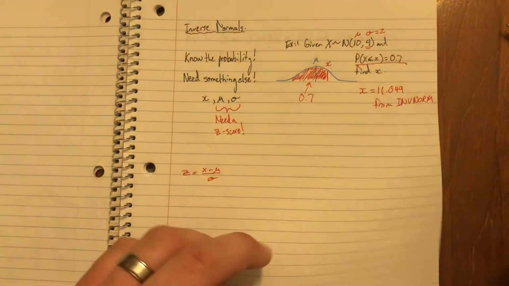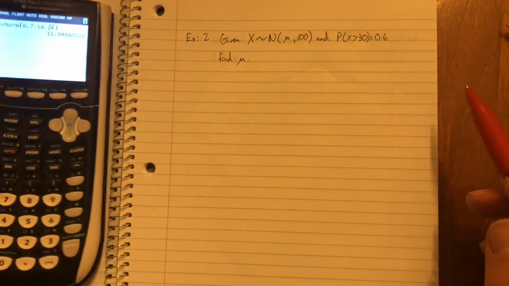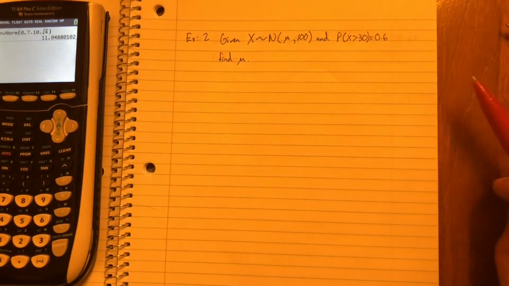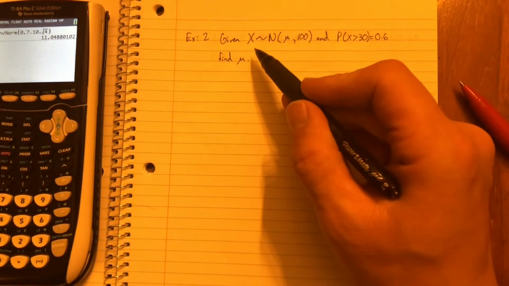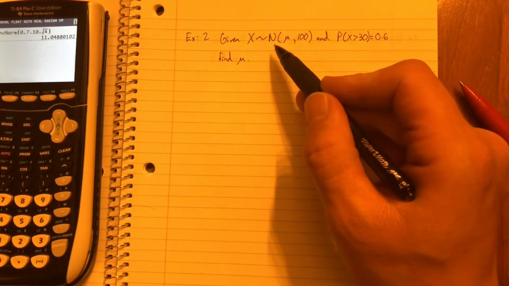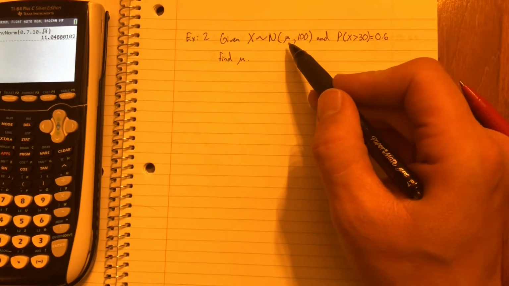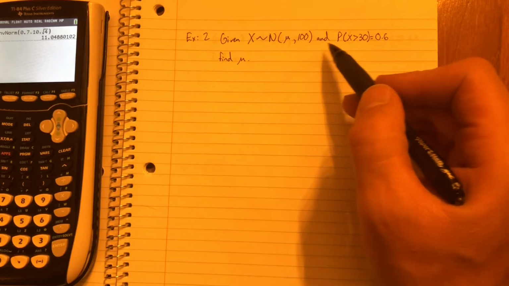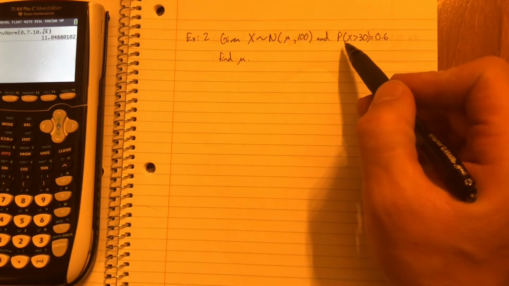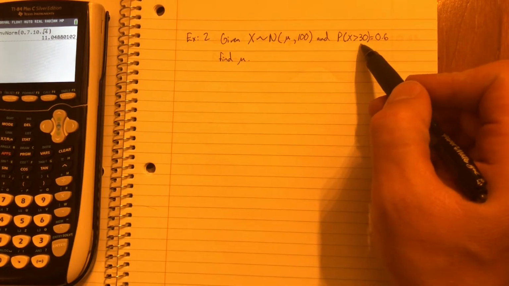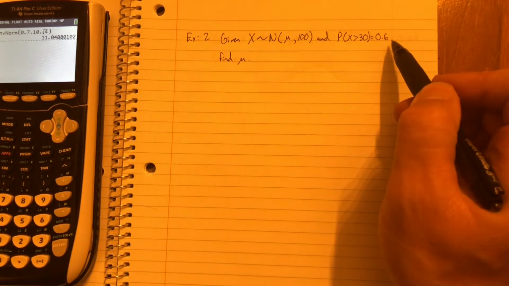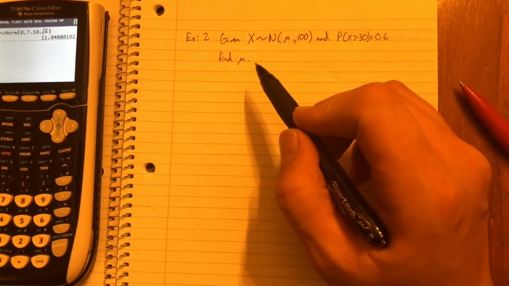Let's take a look at one that's perhaps less straightforward. Example 2. So here we're given a distribution x, and we're told that it's normal. We don't know the mean, but we do know the variance. And we know that the probability of x being greater than 30 is 0.6. So we're asked to find the mean.